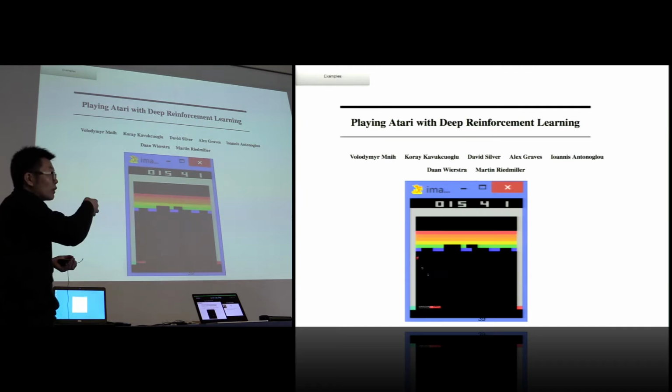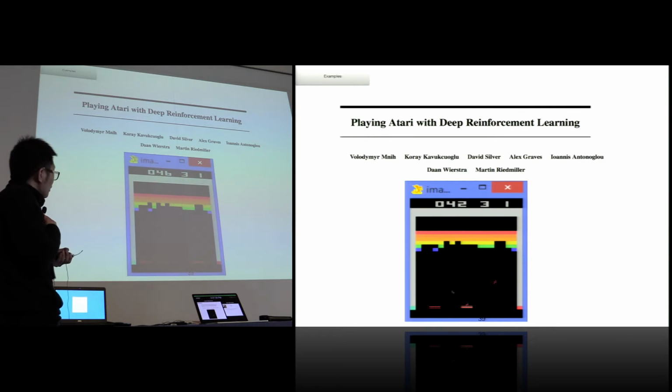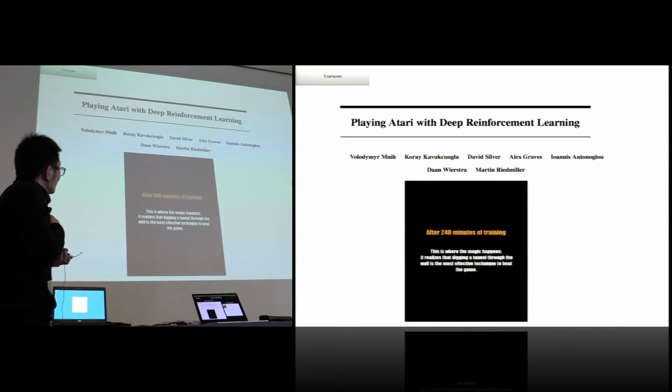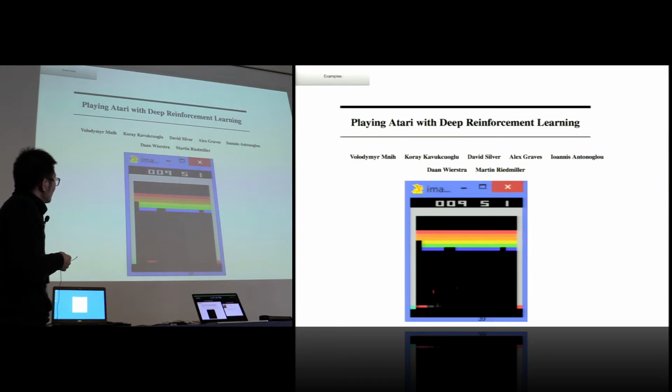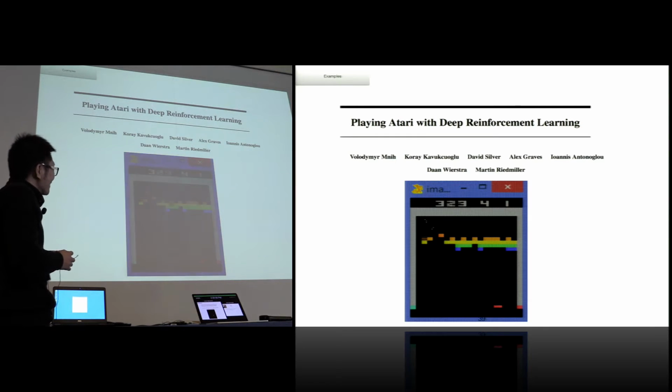Remember, these are games, so we know the rewards. At 240 iterations it is amazing. What it found out is that it can kick the ball into the tunnel and then just keep kicking everything out there, which is very cool.